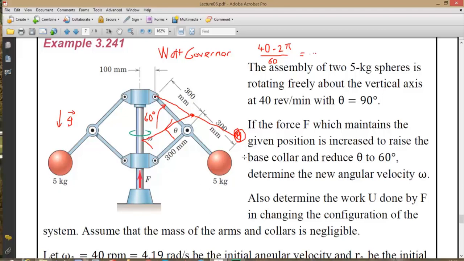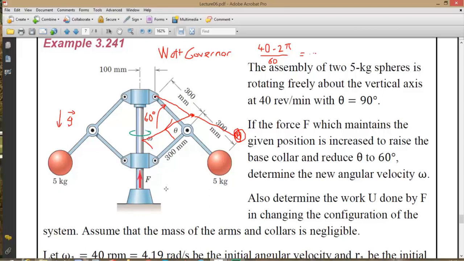Now, if the gravitational potential energy is increased, that means there should be work done by some external force, or the kinetic energy will be transferred to the potential energy.